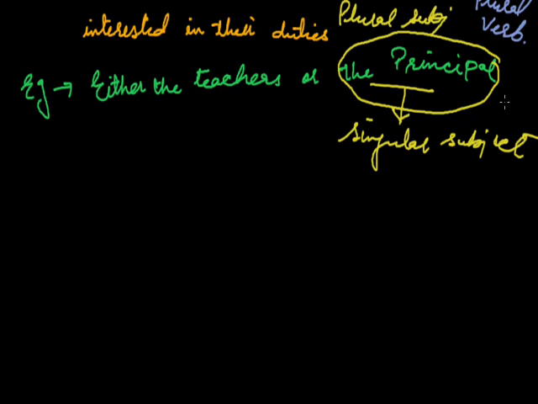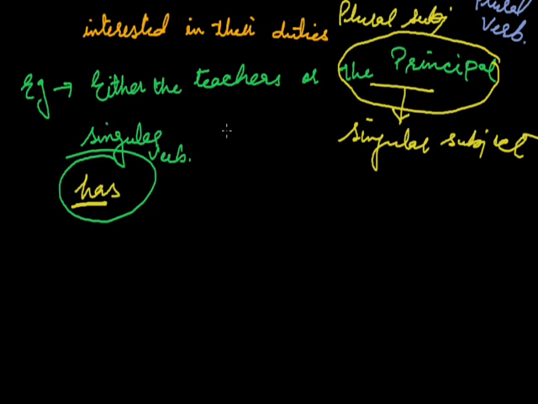That's why we'll use "has", a singular verb. Either the teachers or the principal has helped the students. So if the subject nearest to the verb is singular, we take a singular verb, and if it is plural, we take a plural verb.